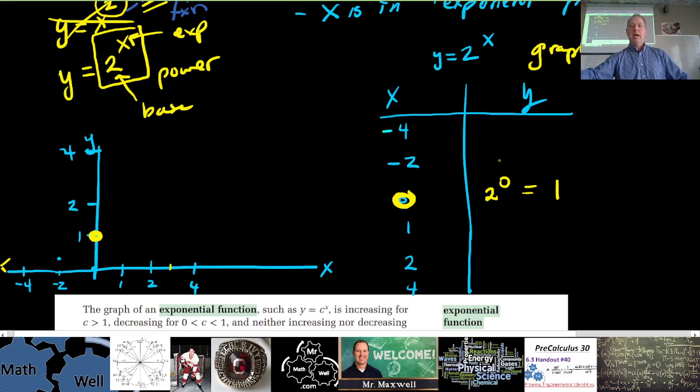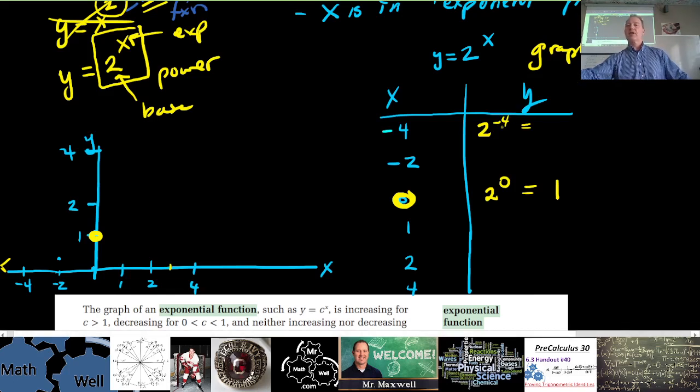Now, let's go back to -4 here. So this is 2 to the -4. Do you remember what happens with negative exponents? How do you evaluate that? What does the negative on the exponent tell you to do? Go ahead and shout it out. Yeah.